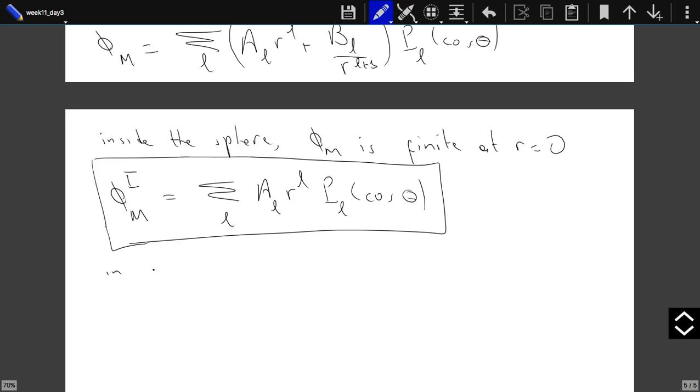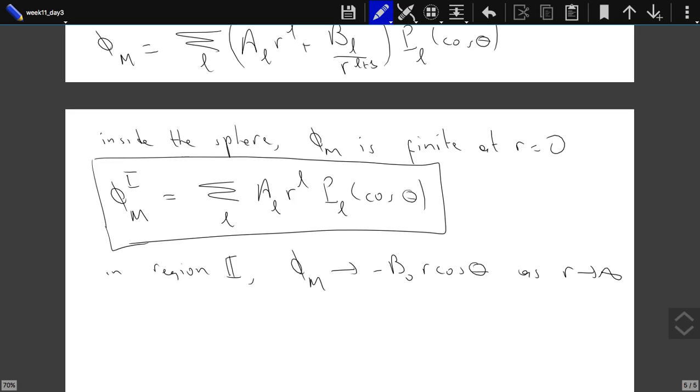And in region 2, phi m should go to minus B0 r cosine theta as r goes to infinity. Because as r goes to infinity, I'm away from my sphere, and away from my sphere, B is just a constant.